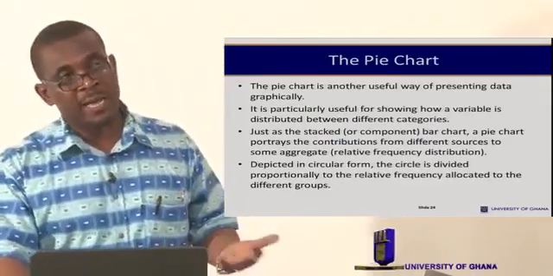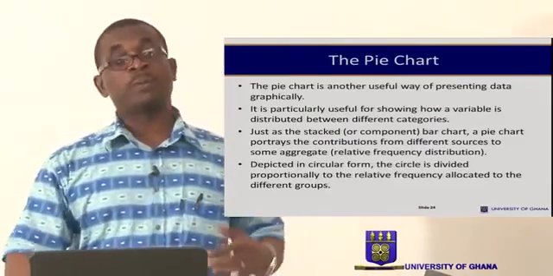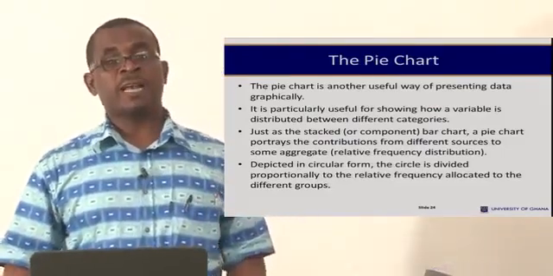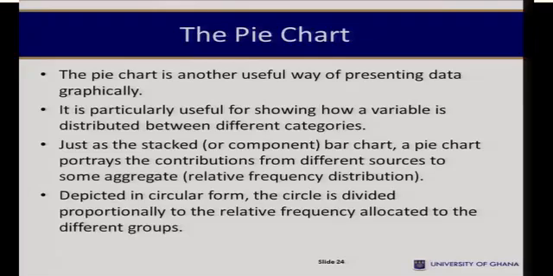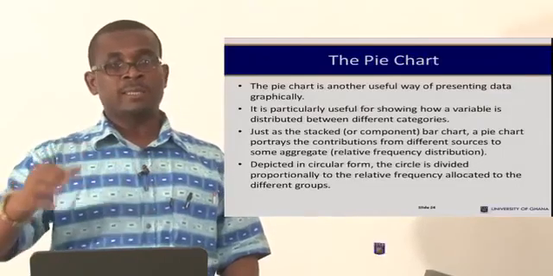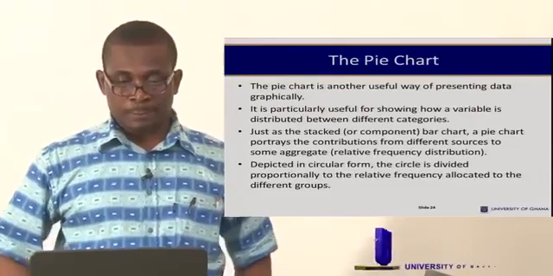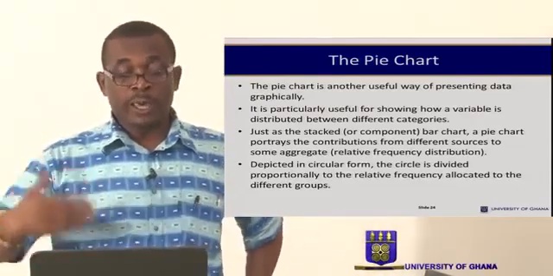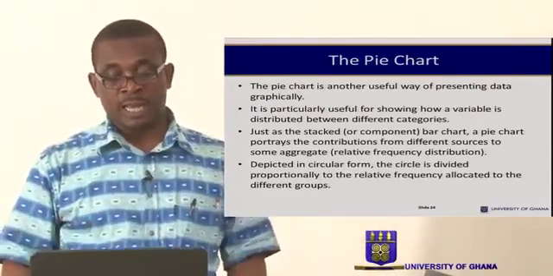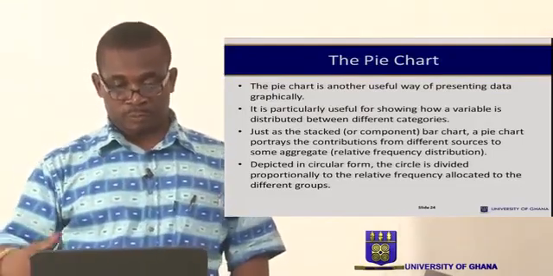Now we will wrap up with pie chart. It's also a very nice way of representing data graphically. Basically what a pie chart does is we have one category and we want to allocate a given set of data into different categories.